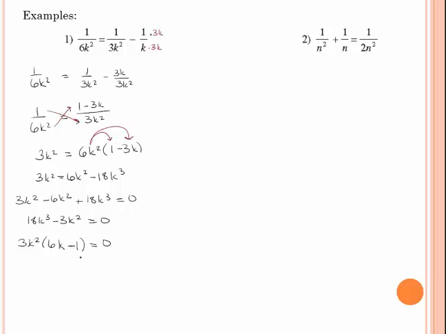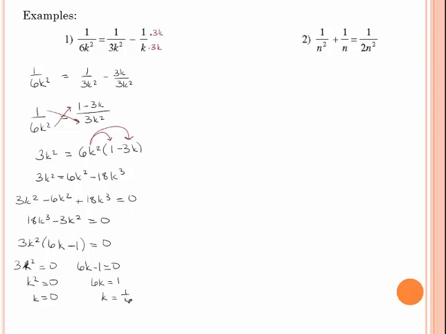Then I set each of these factors equal to 0. 3k squared equals 0, so that means k squared equals 0, so that means k equals 0. Here, 6k minus 1 equals 0, so that means 6k is equal to 1. So k is equal to 1 over 6.